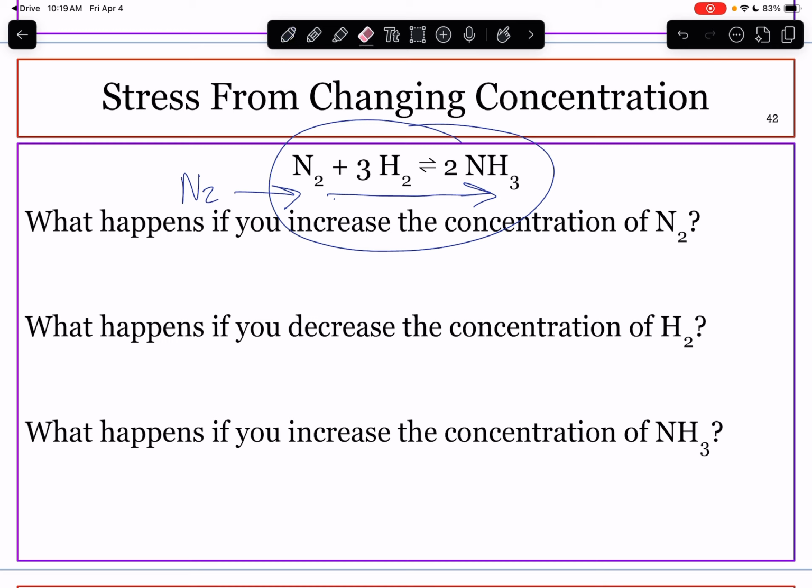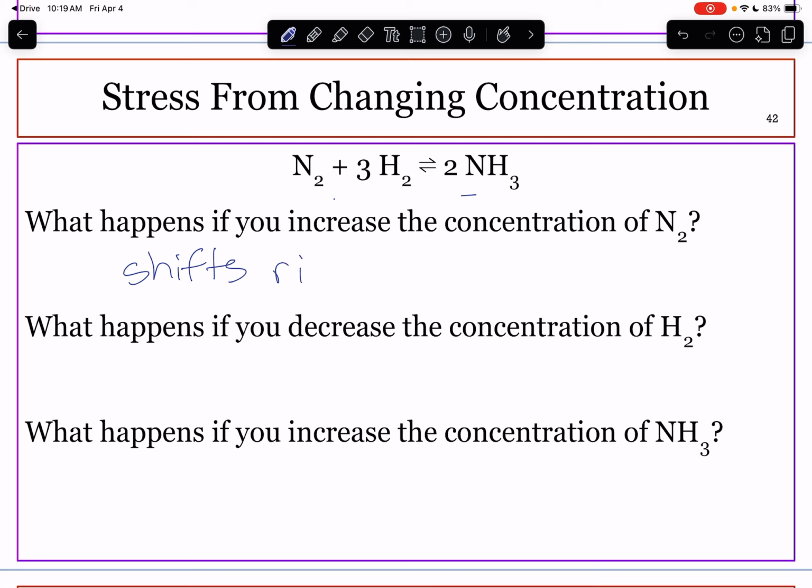So we say that this system shifts to the right. Shifts right, or more specifically, it shifts towards the products. And this is to get the ratio of products to reactants back to the equilibrium ratio.